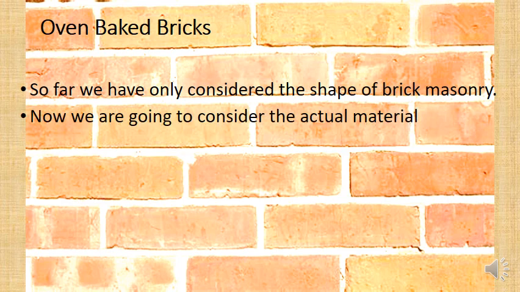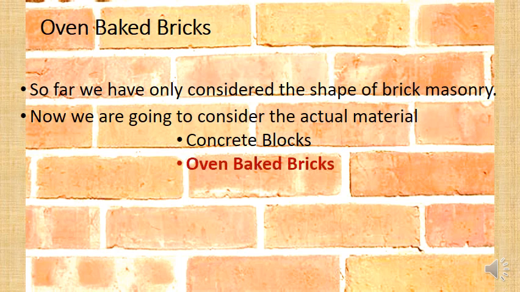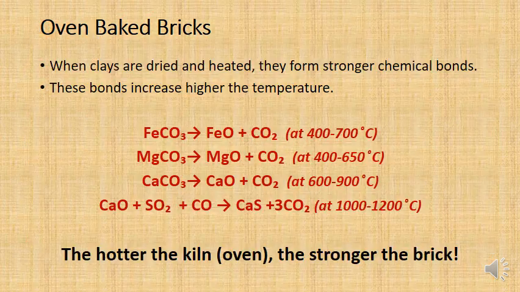But now we're actually going to look at the actual material of an oven baked brick. We're looking at the material of a material, kind of like Inception, isn't it? So we've already talked about stone, but we're going to cover briefly concrete blocks. But right now we're going to cover oven baked bricks.